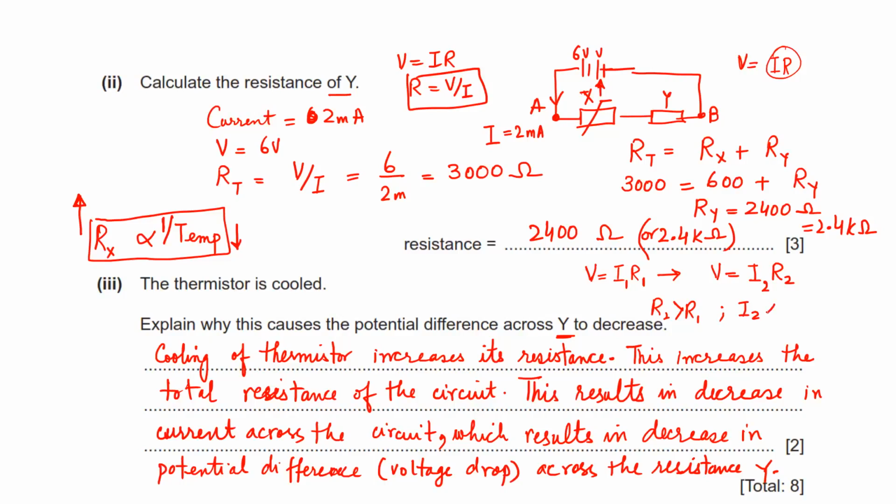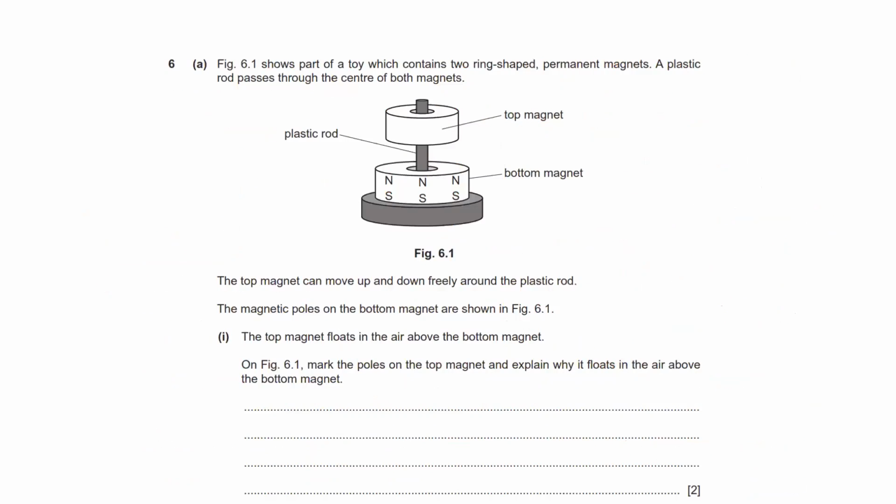I2 will be less than I1, and the product will remain the same, V, the voltage. So the voltage drop across Y will be I2 times RY. And since I2 is less than I1, the voltage drop will be less than what it was earlier.